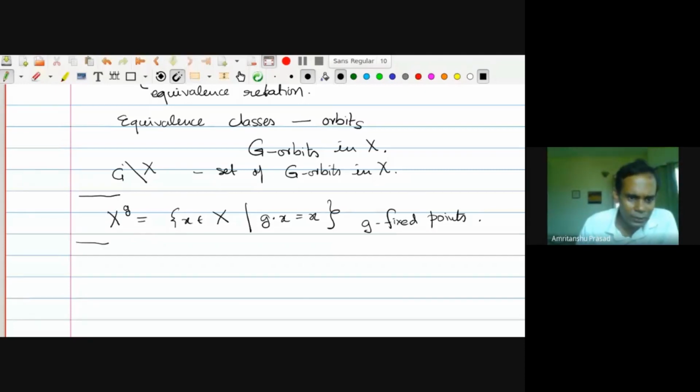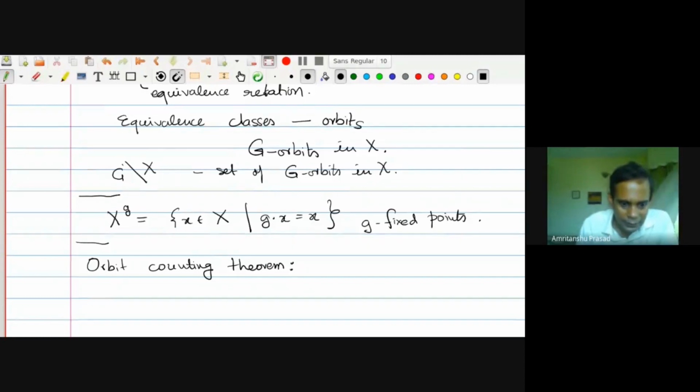It's called Burnside's lemma because Burnside popularized its use, but it was not discovered by Burnside. It's been known for a long time. But I'll just call it the orbit counting theorem. If you see somebody saying Burnside's lemma, you should know that it's the same as this orbit counting theorem.